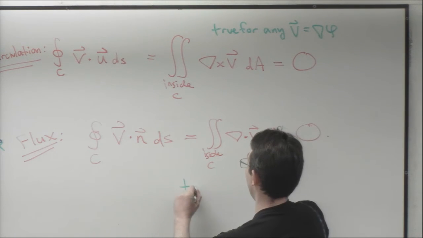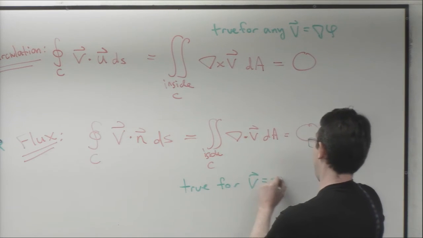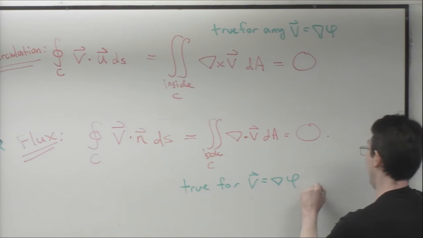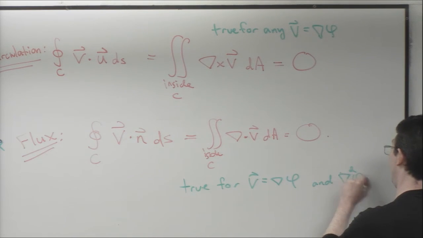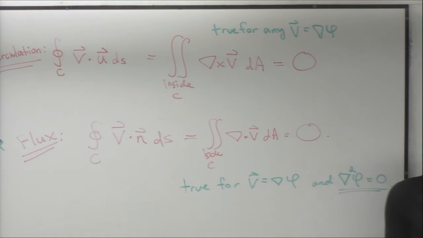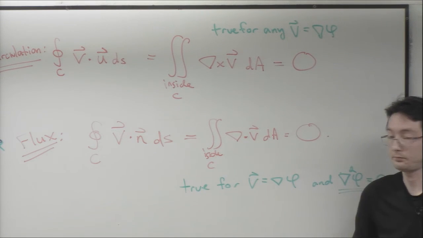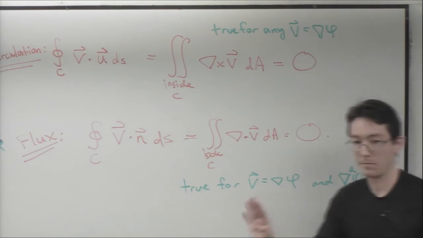This is true for V equals grad phi, where the Laplacian of phi equals 0. So for this flux equal to 0, I need phi to be one of these special Laplacian equals 0 phis. Good.